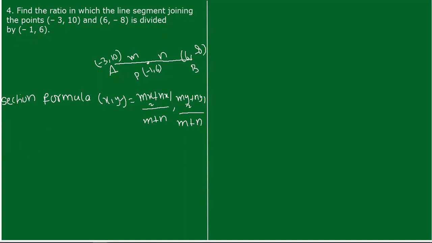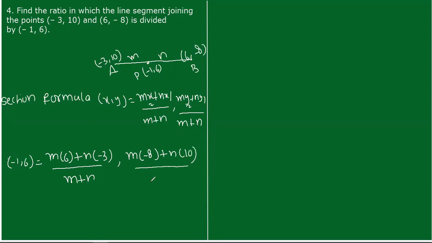So for (x, y), we can take this point P, so it is (-1, 6) is equal to m, we don't know, right? So let's write as it is. x2 is 6 and n, we don't know. x1 is -3, by m + n, comma, m as it is, y2 is -8 plus n and y1 is 10, by m + n.